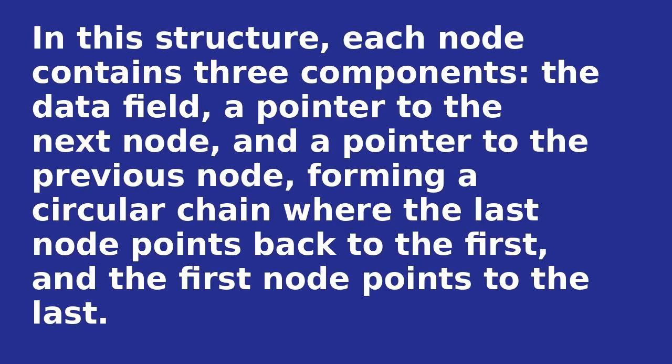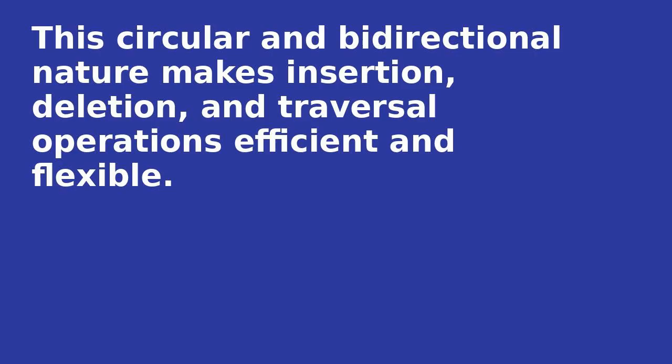In this structure, each node contains three components: the data field, a pointer to the next node, and a pointer to the previous node, forming a circular chain where the last node points back to the first, and the first node points to the last. This circular and bidirectional nature makes insertion, deletion, and traversal operations efficient and flexible.